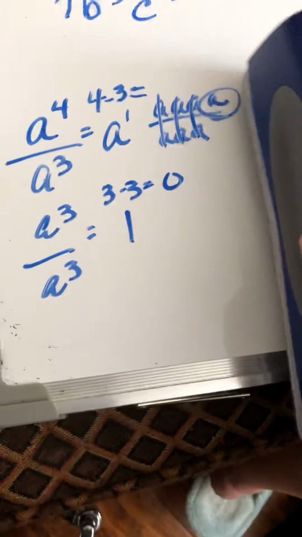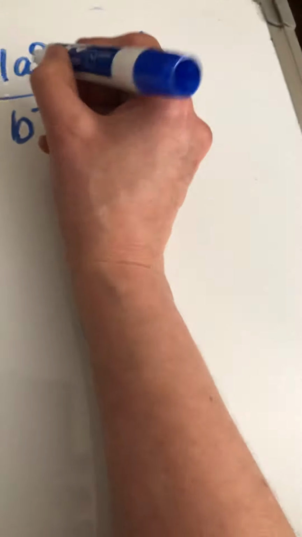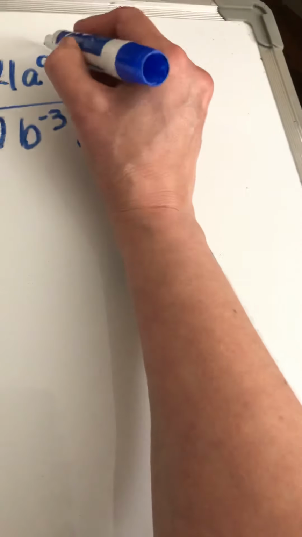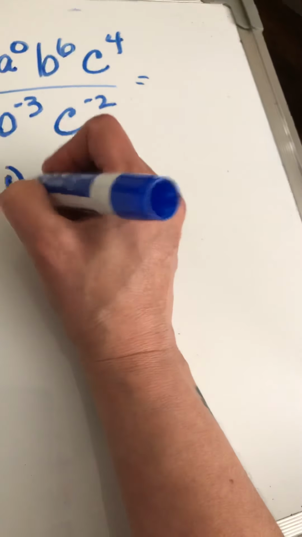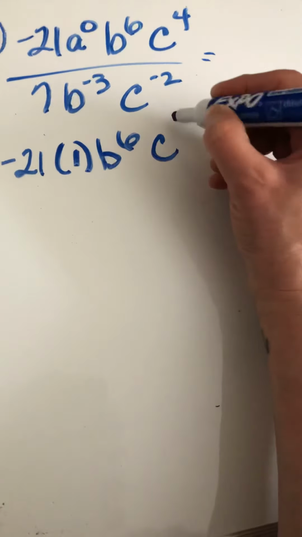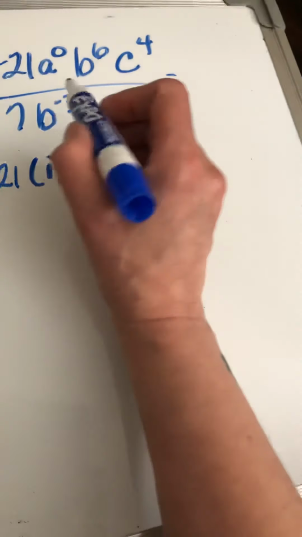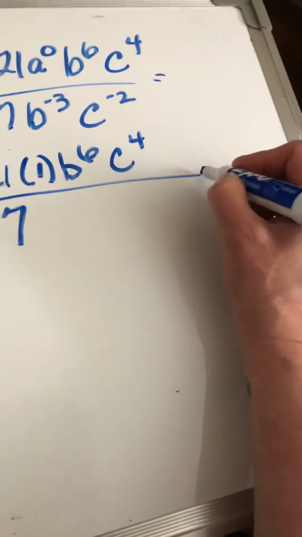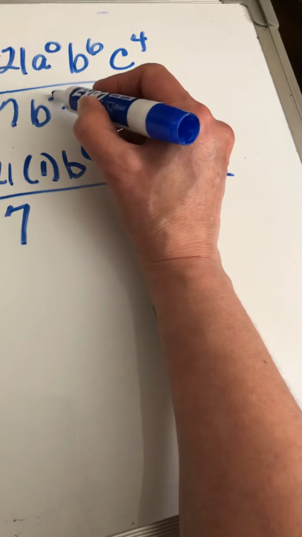Now I'm going to erase this so I can finish this problem, keeping that idea in mind. Anything to the 0 power is a 1. So I really have -21 times 1. And then 6 b's, that's fine. And 4 c's, that's fine. But this 7, he's good to go. We'll leave him here. But look at these 3 b's. They're negative.